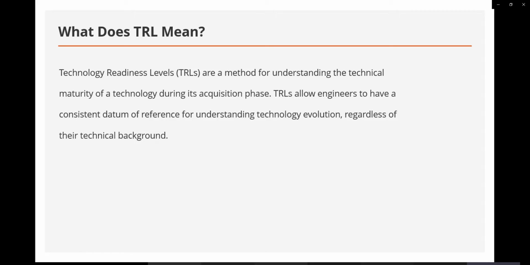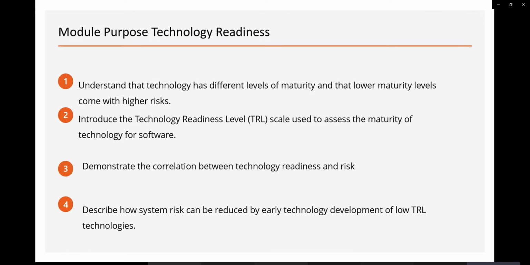Technology readiness has different levels of maturity, and a lower level comes with higher risk. It means that we have security levels, right? In the same way, if we use higher standards of technology, we will not have the higher risk.